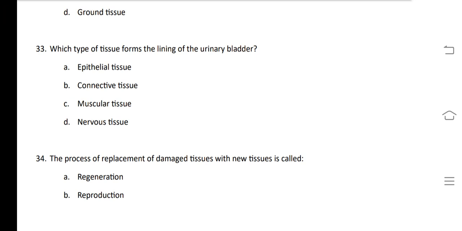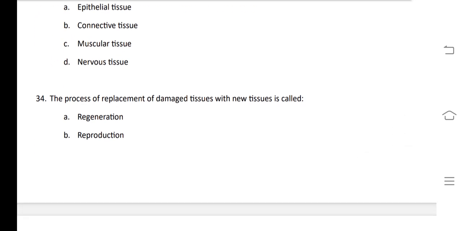Urinary bladder stores urine for some time, and after it is completely filled up, a signal is sent to the brain to pass on the urine through the urethra, but it has one more capability to expand, so that it can store the urine for a longer time.